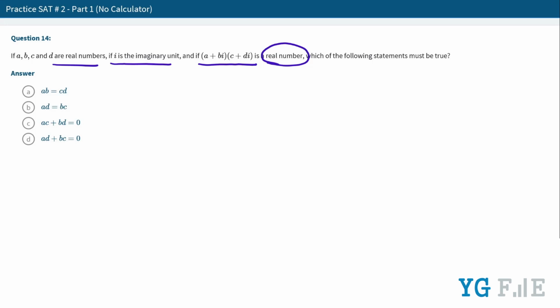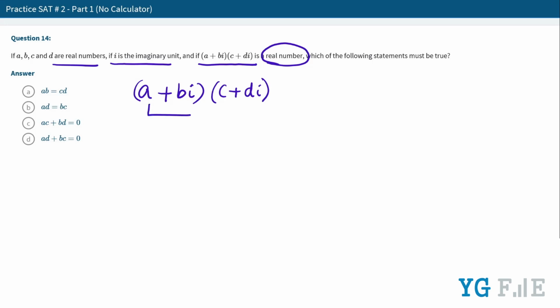So for this, let us simply try to multiply and see what happens. A plus Bi times C plus Di. Remember that even for imaginary or complex numbers, we simply treat them like terms and multiply them together.